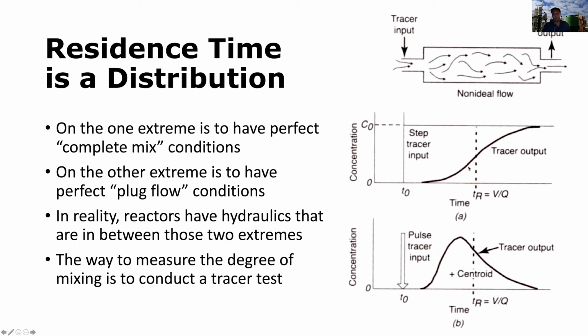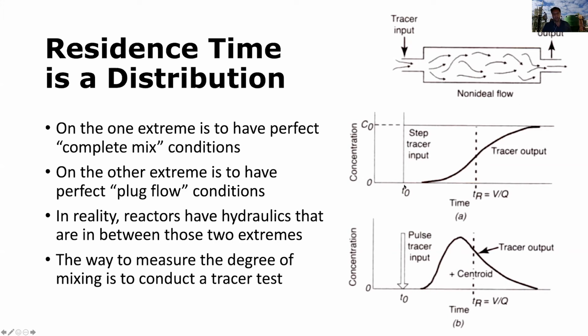So you can see here in the figure to the right, in a tracer test, we would input a tracer dye into the influent of the reactor, let the dye flow through the reactor as it gets mixed and goes through turbulence and all kinds of different flow conditions within the reactor. And then we would measure the concentration of that tracer as it leaves the reactor.